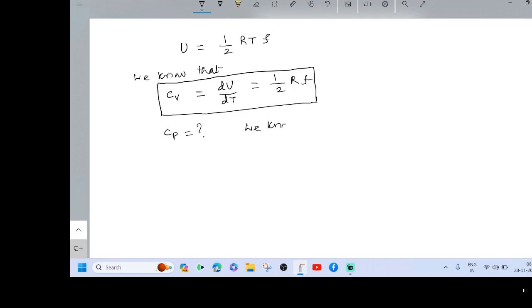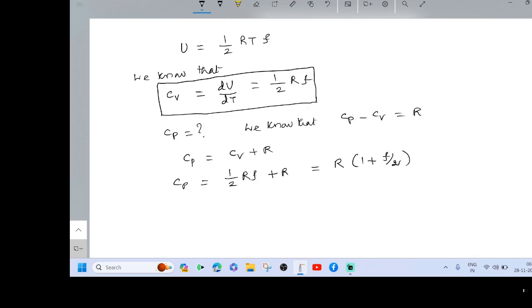We know that CP minus CV equals R. Therefore, CP equals CV plus R, so CP equals 1 by 2 R into F plus R. This is the value of CP: R into 1 plus F by 2.